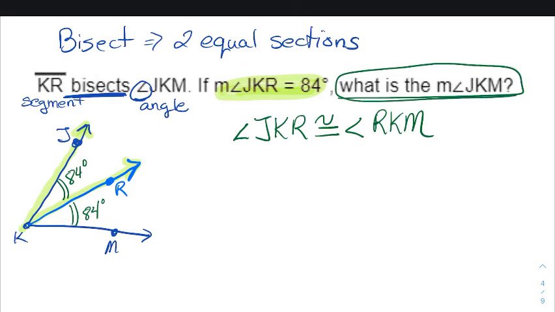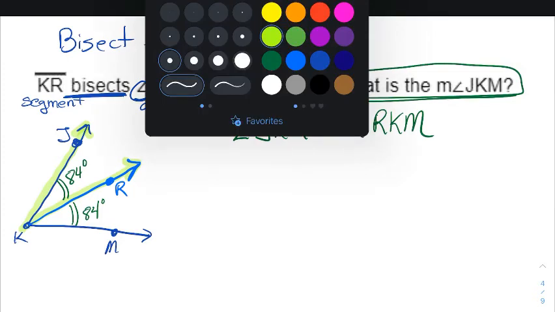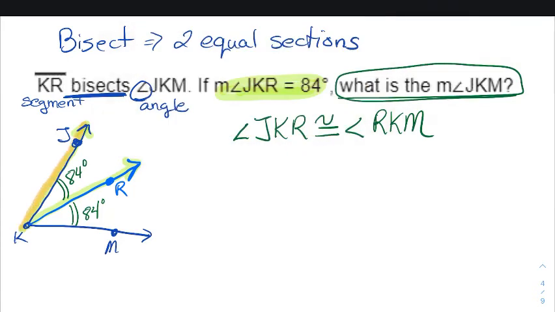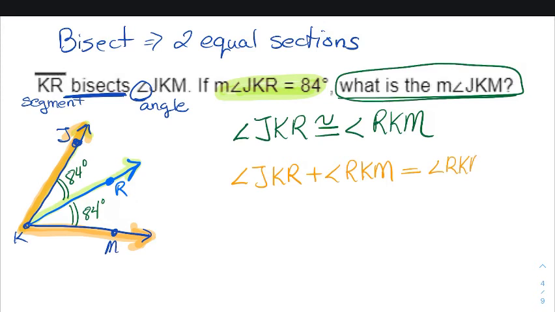So now it's wanting us to find the measurement of the whole angle. Here is J through K to M. So for that one, we can add up JKR plus the angle RKM to equal the angle JKM.